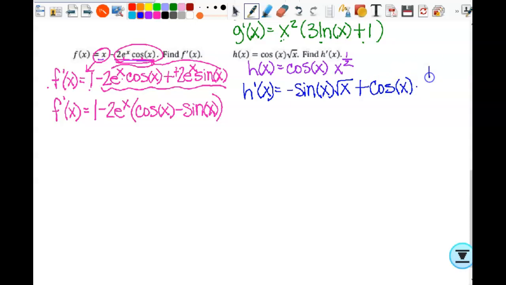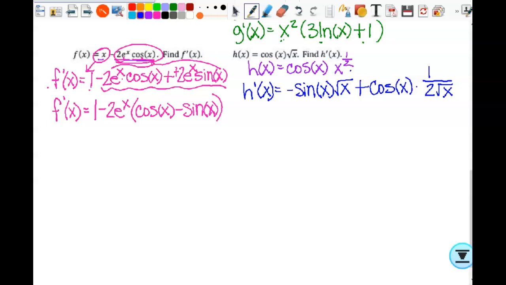So that's going to be 1/2, right? Because I'm going to multiply the 1/2. Then what does the exponent become on this? Negative 1/2, so it's really just the square root of X in the denominator. And then you could write it as cosine over all of that. That's fine too. But we don't need to do anything else with this.